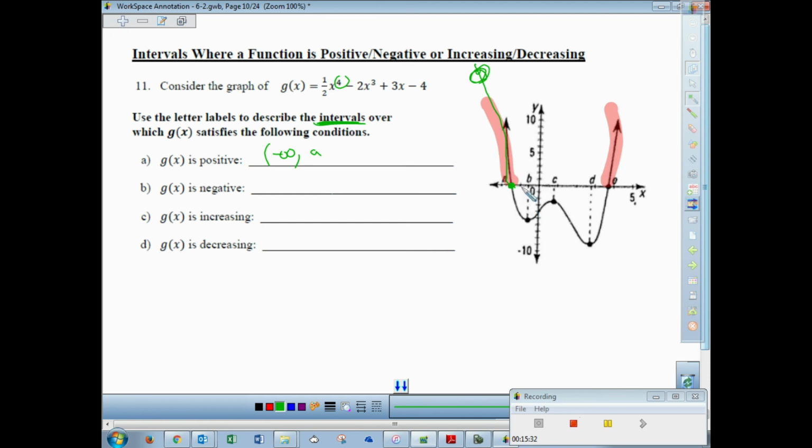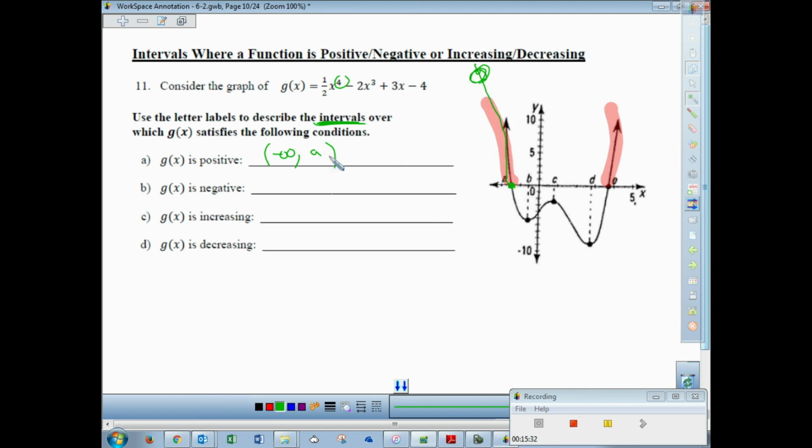What's the y value of that point right there? 0. Is 0 a positive number? 0 is neither positive nor negative. So does 0 count? So bracket or parenthesis? Parenthesis. This thing is positive in this interval from negative infinity up to A, not inclusive.